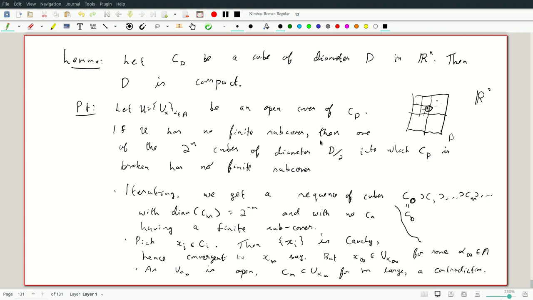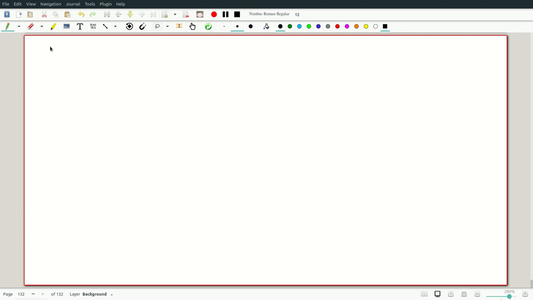So this is the key result, the Heine-Borel theorem, which tells you that, well, this is the earlier result, that any closed and bounded subset of a Euclidean space is compact, and conversely. So now an immediate consequence is the following theorem.